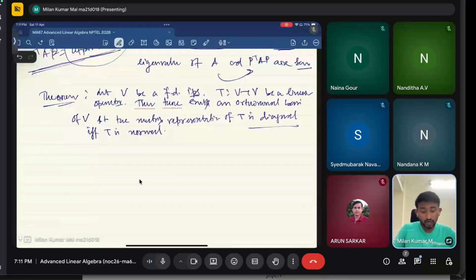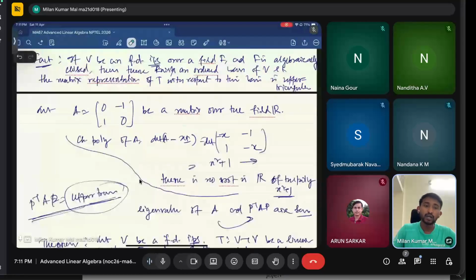But that does not guarantee that if you choose any ordered basis and try to give the matrix representation, that matrix representation has to be diagonal.